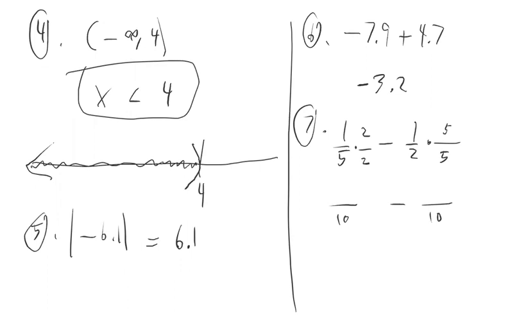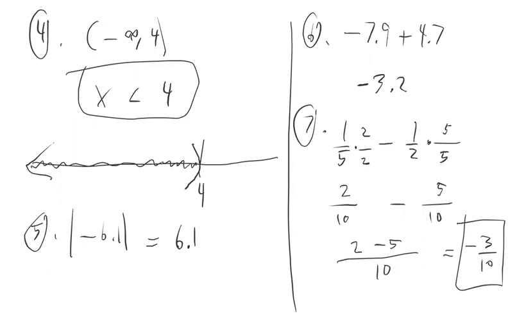So 1 times 2 on top is 2, 1 times 5 on top is 5. So I have 2 tenths minus 5 tenths, which is equal to 2 minus 5, all over 10. 2 minus 5 is equal to negative 3 over 10. So the answer is negative 3/10.